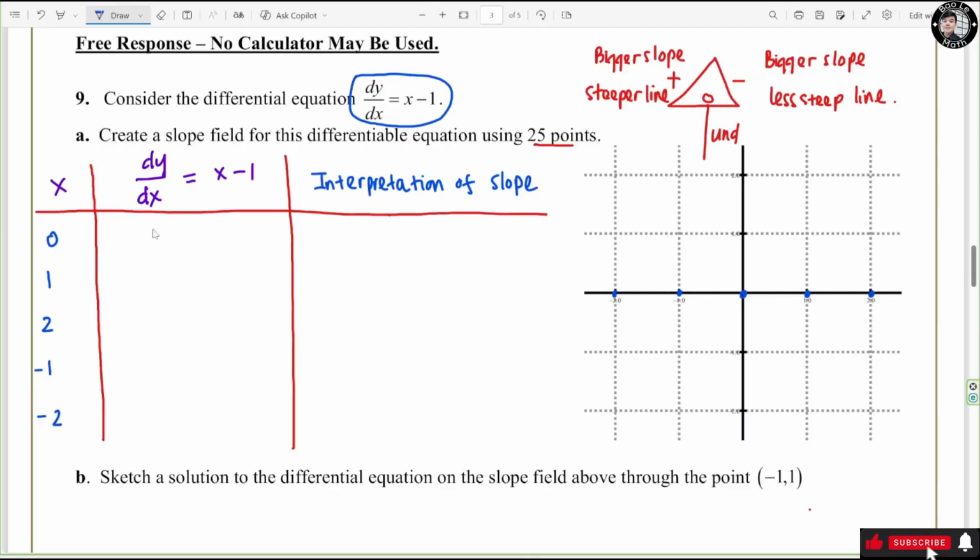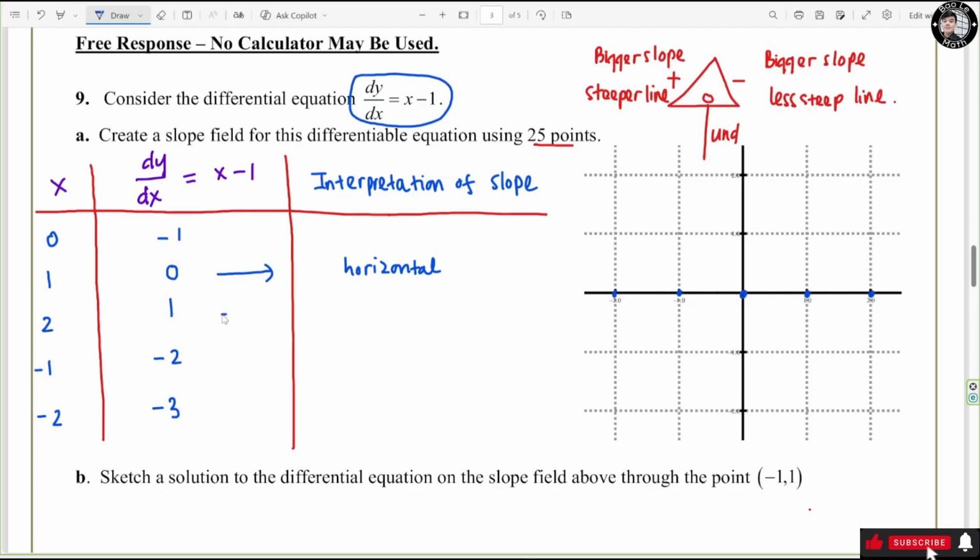Alright, substitute 0 for x, the slope should be -1. Substitute 1 for x, it's going to be 0. Substitute 2 for x, it's going to be 1. Substitute -1 for x, it's going to be -2. Substitute -2 for x, it's going to be -3. So we look at this one. Alright, use the Christmas tree trick right here. This one should be horizontal.